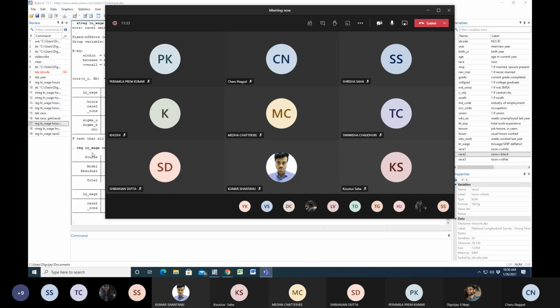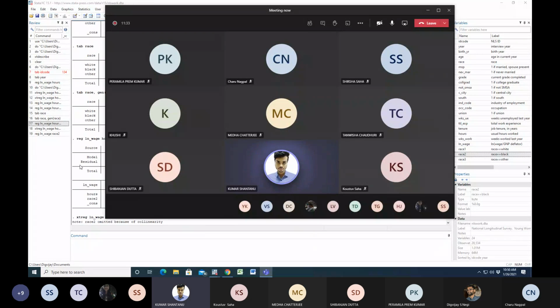We have around 4,000 women followed over some number of time periods. Yes, sir, sorry, 4,000. So was it individual level fixed effect?